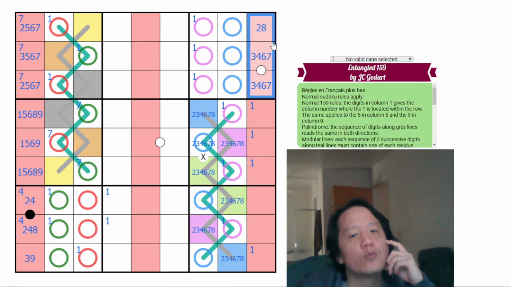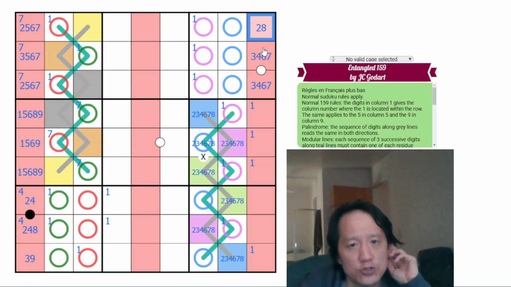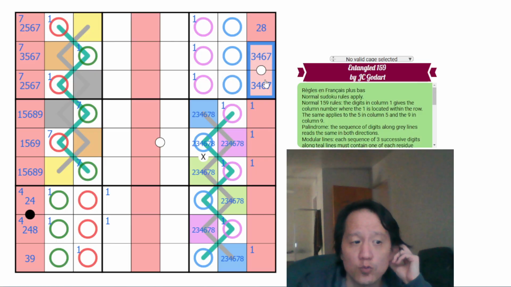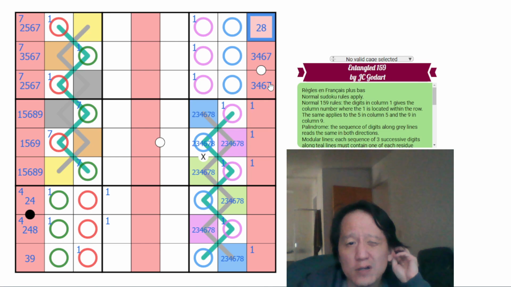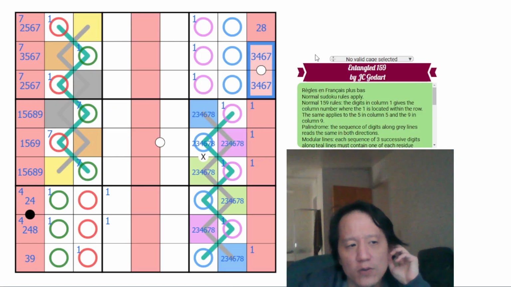So therefore, we know that this has to be 2 or 8, because it has to be modular 2, because one of these is modular 0, one of them is modular 1. The other one has to be the opposite polarity. Polarity is not quite the right word, but it has to be in the set that's opposite of the 6 or 7 or the 3 or 4, right?